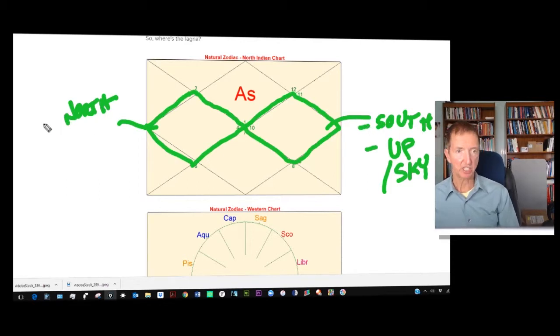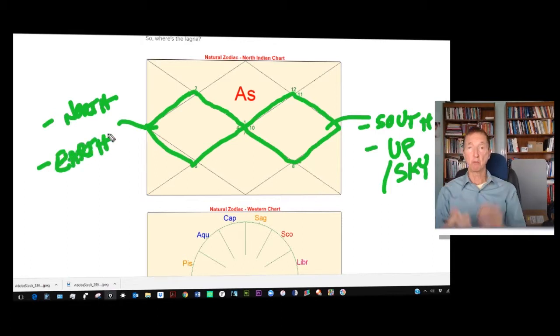And just like the opposite of heaven or the sky would be the earth. So it's very much like Native American or shamanic stuff. It's like what grounds you, what roots you, what centers you. That's the earth. And then there's your expression in life, or the sky. So that's another axis.